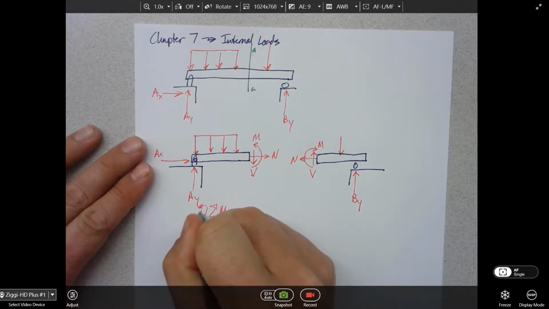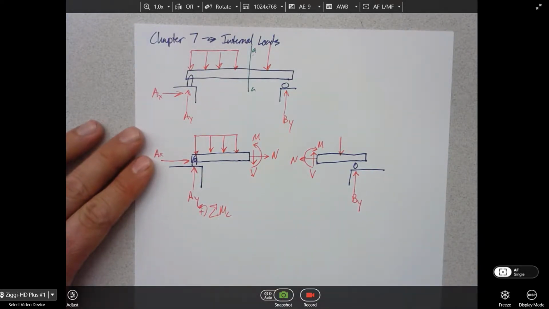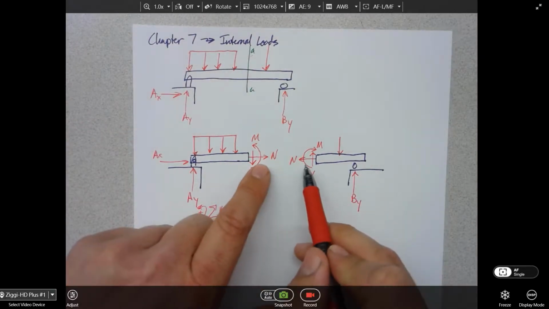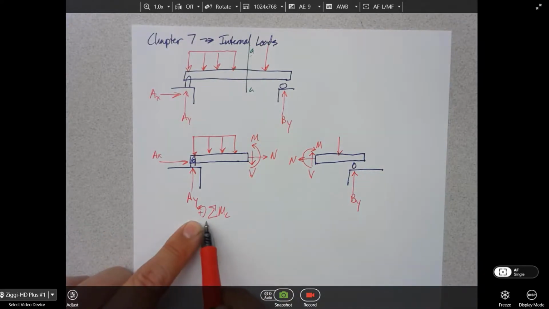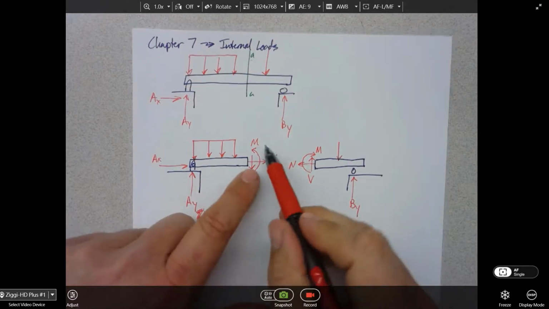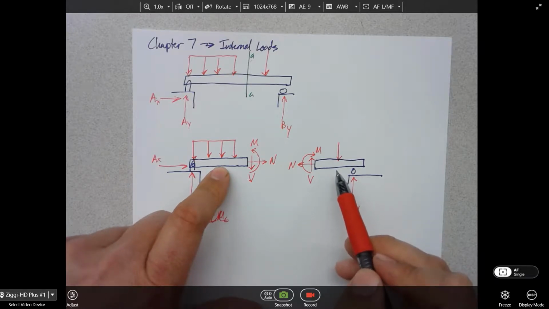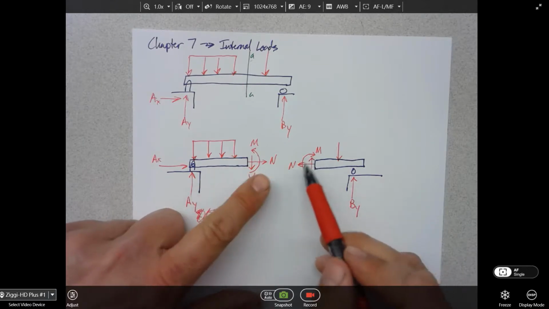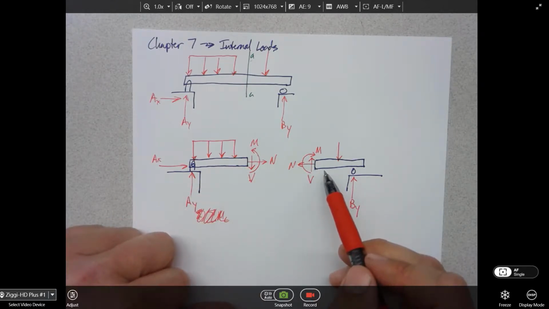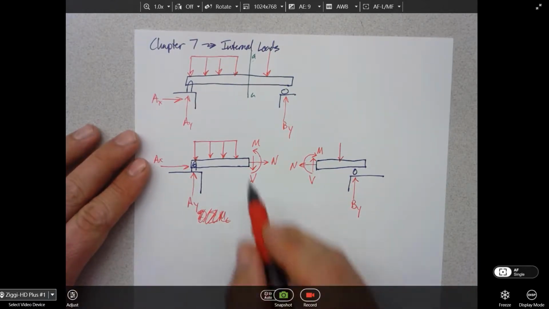That is where I say counterclockwise is positive, right? But that is different than saying which one of these causes a positive bending moment on the beam. Okay, so this is my sign convention for doing a summation of the moments. This is what I say if a beam has 100 Newton meters of positive bending moment on it. It's telling you the sense of how that beam bends. Okay, so let's talk about that sign convention.